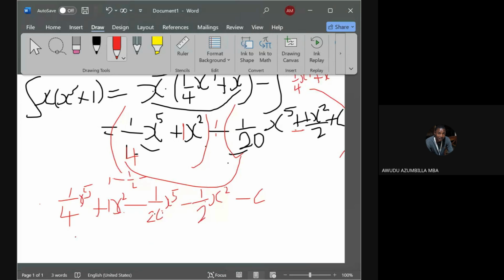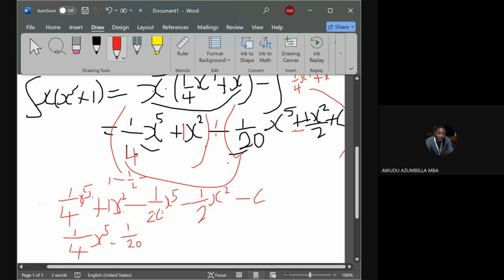So we are going to get 1 over 4 x to the power 5, now bring this one, minus 1 over 20, and then plus half, because if we subtract half from 1, we get half. So we get 1 over 2 x squared here.